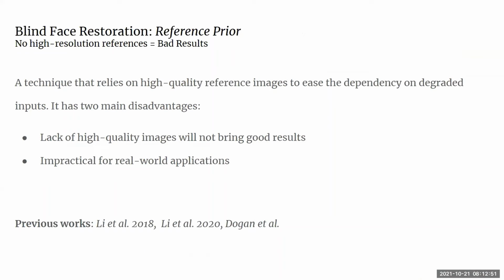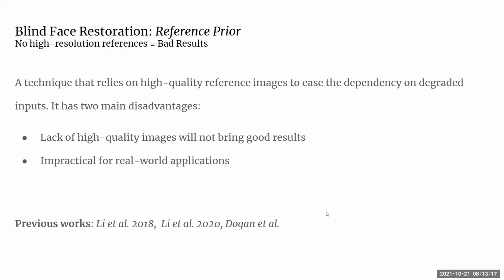And the second one is a reference prior. As it can be inferred from the name, it has to do something with reference, right? So this particular approach relies heavily on high quality reference images, such that the dependency on the degraded inputs is as small as possible.